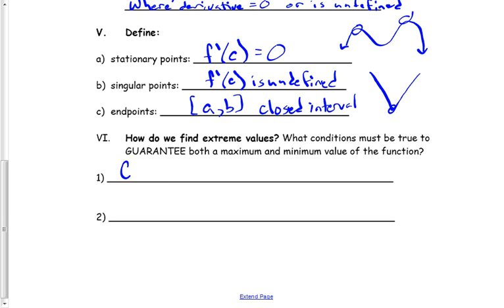The graph, first of all, had to be continuous. Those bottom two examples were great counterexamples for this, right? If the graph is discontinuous, there's not necessarily a max or a min. There could be, but there's not necessarily a max or a min. And the second qualification is that it has to be on a closed interval.